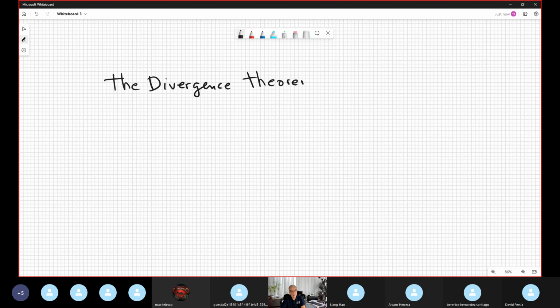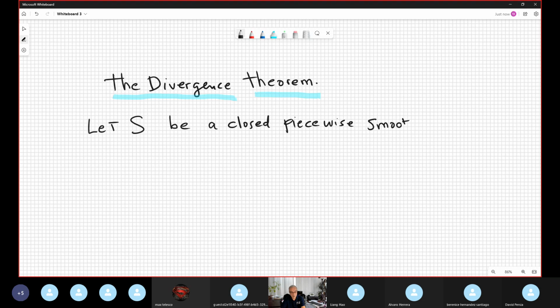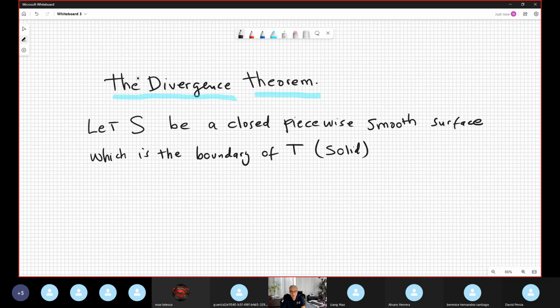Divergence theorem is: suppose that again we have a surface S, a closed piecewise smooth surface, which is the boundary of T, and T is a solid, with N pointing outward.